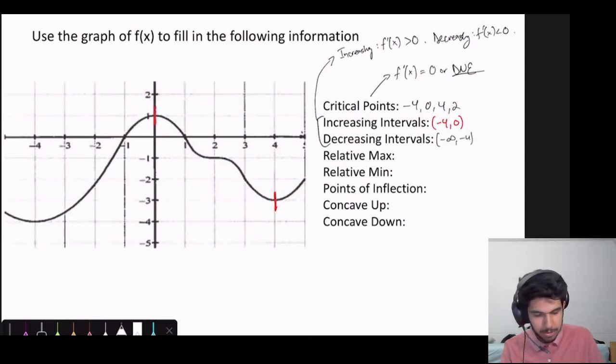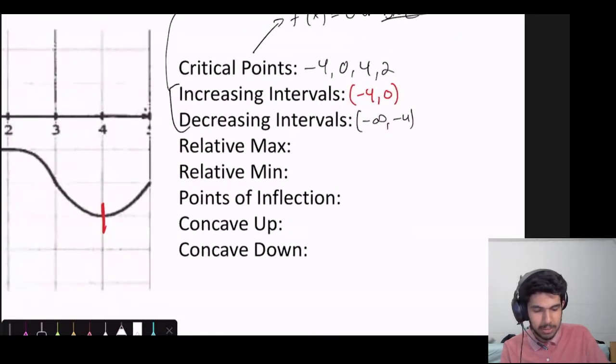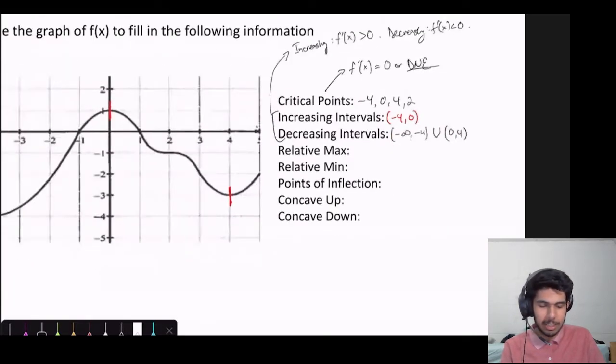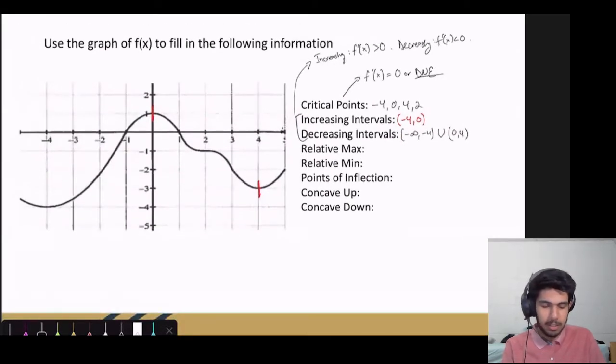Okay, so we said x equals 0 to x equals 4, we're decreasing. So we're going to add that to our decreasing intervals. So we'll just union our intervals together. This U looking thing is our symbol for union. That just means we're putting it together. And then we have one more interval to consider, and that's what happens when we start at x equals 4.